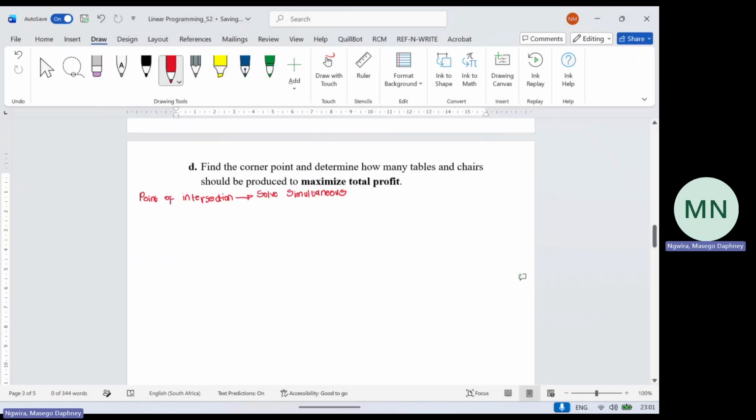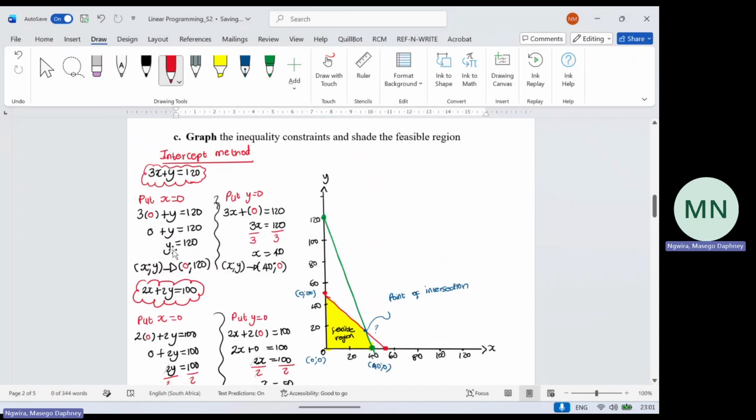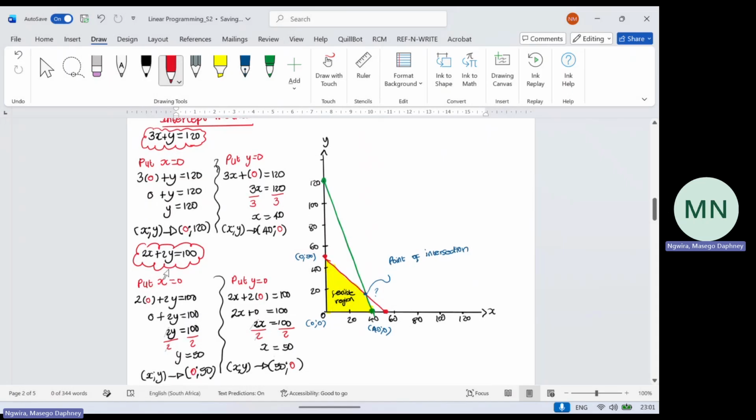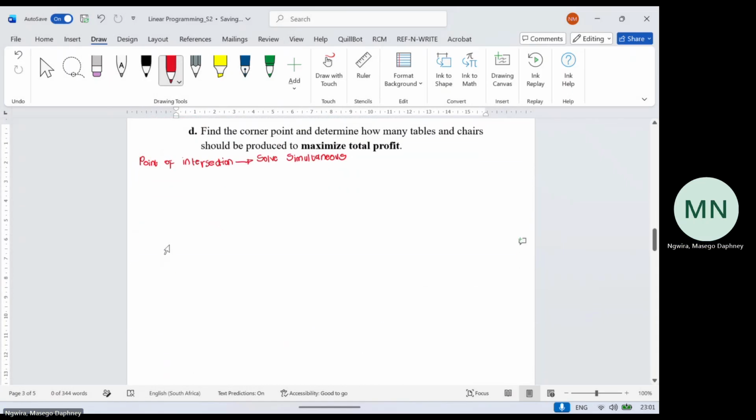We are going to use these two functions with the equal signs, not the less than or equal to. So we are going to use 3x plus y equals 120. I'm going to transform this and make it y equals.